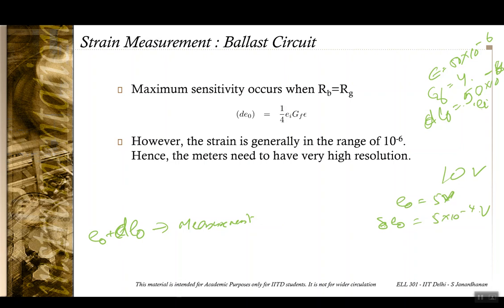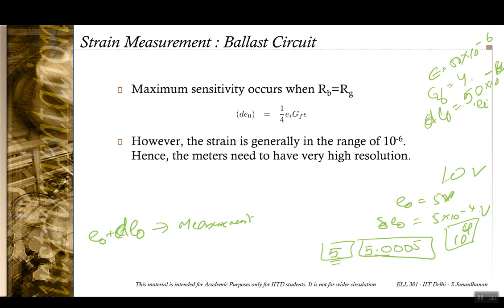So you are expecting that you have an instrument that can differentiate between 5 volt and 5.0005 volts, which is not practical. You can't have a meter whose resolution is 1 in 10 raised to 4. You can't have 1 in 10,000 resolution.